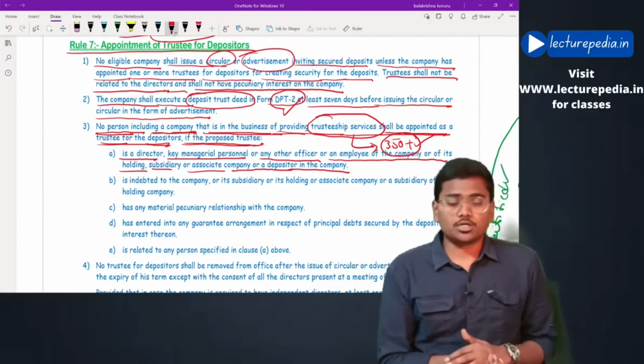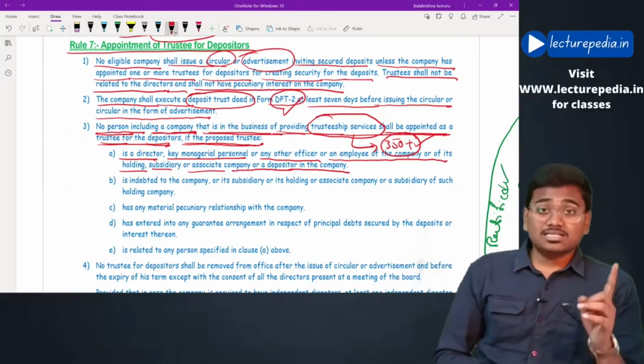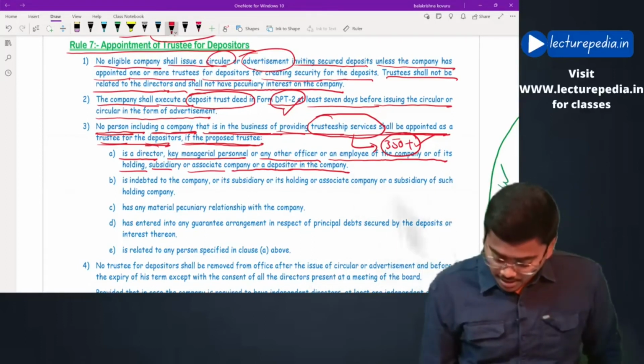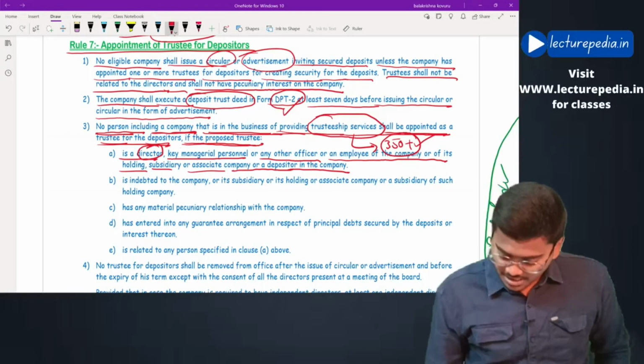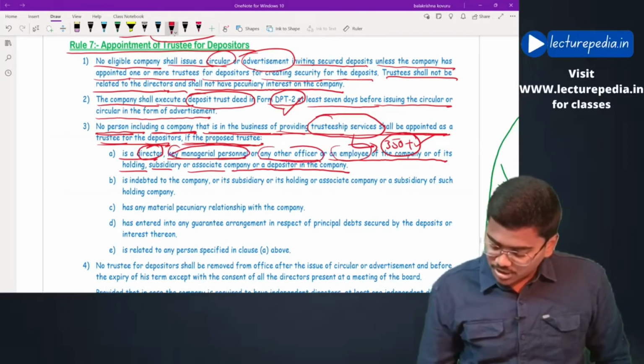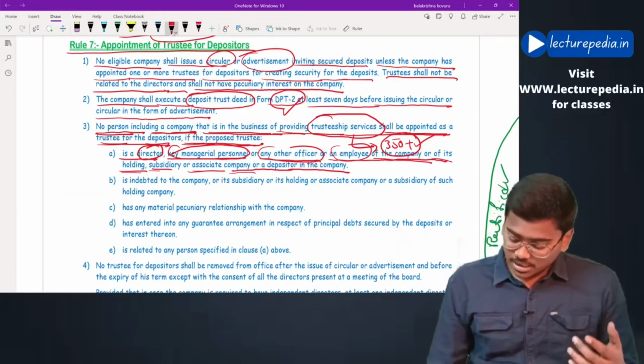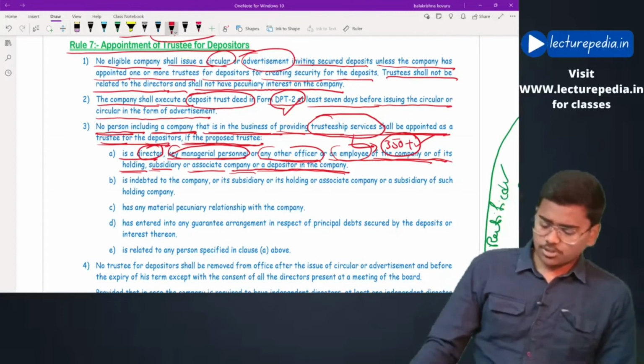Now if you are appointing any individual as a trustee, then such person should not be a director of the company, key managerial personnel or any other officer or employee of the company or of its holding, subsidiary or associate company, or a depositor in the company.